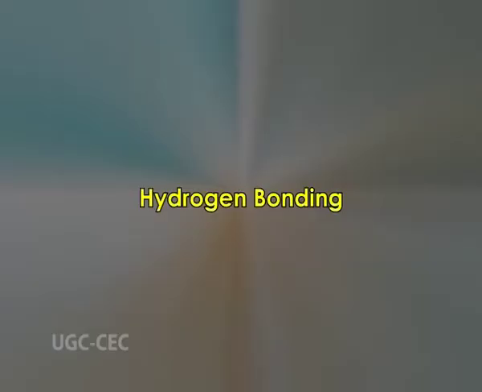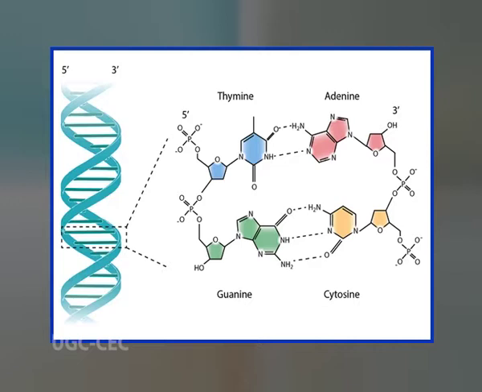Hydrogen bonding. The mutual recognition of A by T and of C by G uses hydrogen bonds to establish fidelity of DNA transcription and translation.